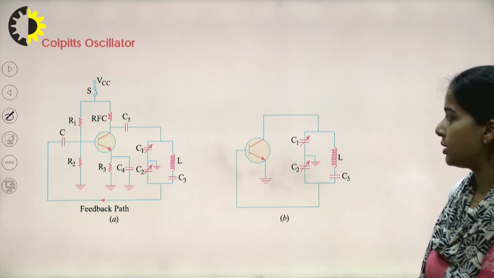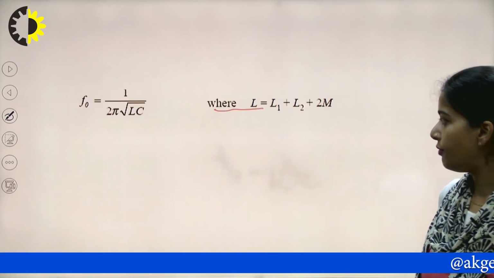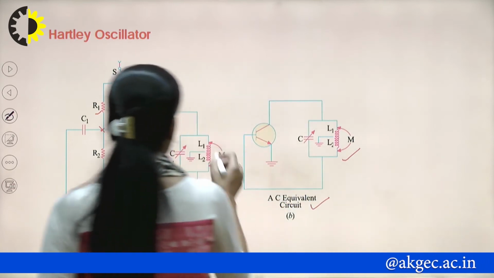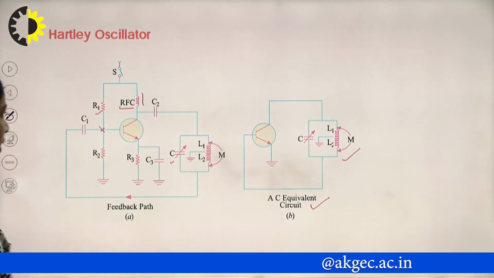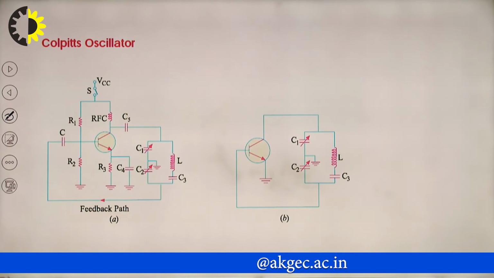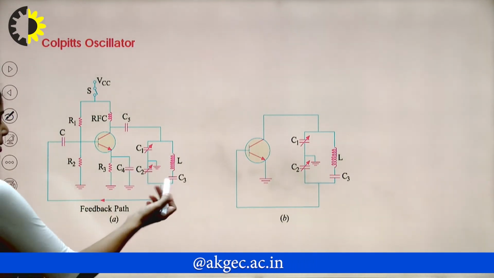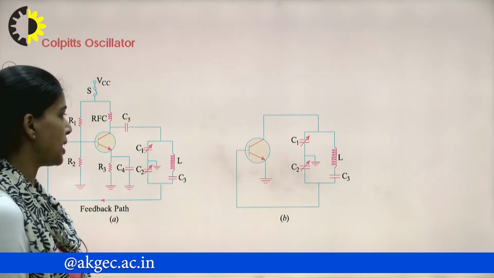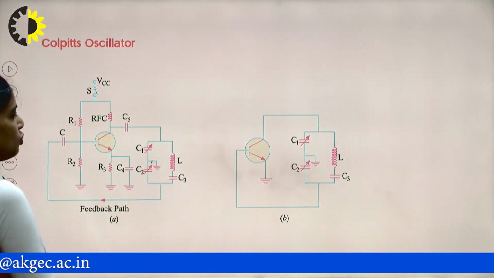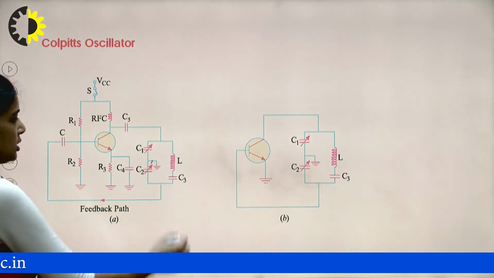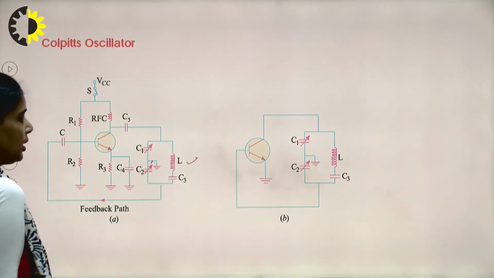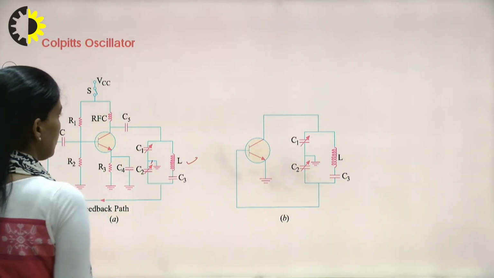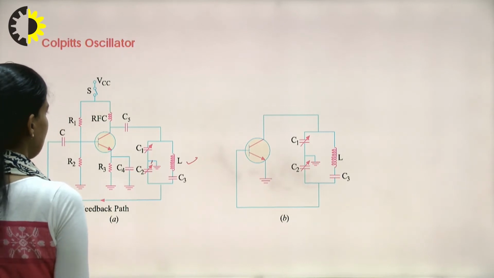Colpitts oscillator. Here, if we see the previous one, we have two inductive coils L1 and L2. With the Colpitts oscillator, you can say there is an interchange between the inductor and the capacitor. Here we have two capacitances C1 and C2 and an inductor L in series with a capacitor C3.